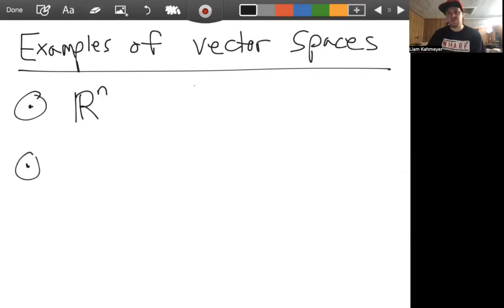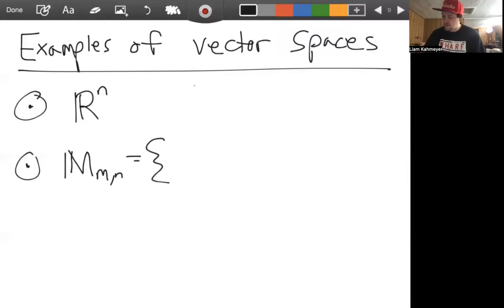Another thing that we've inadvertently proven is a vector space is the set of m by n matrices. We'll denote this as the blackboard M with subscript m comma n.